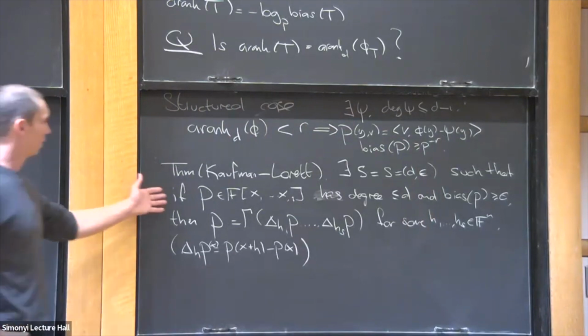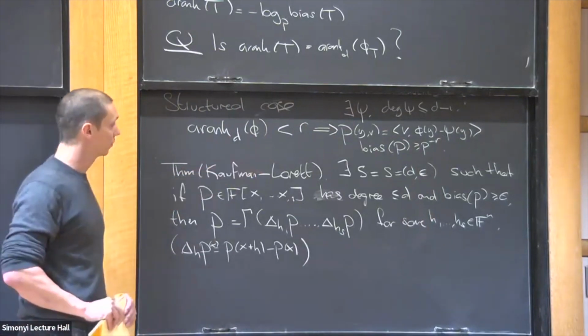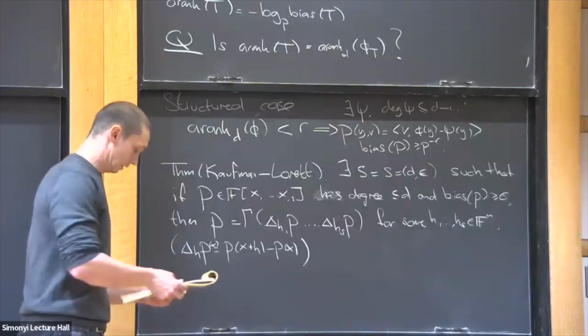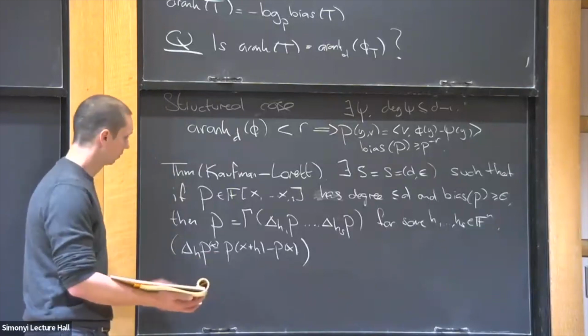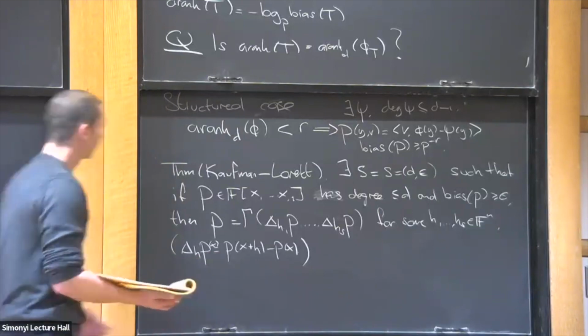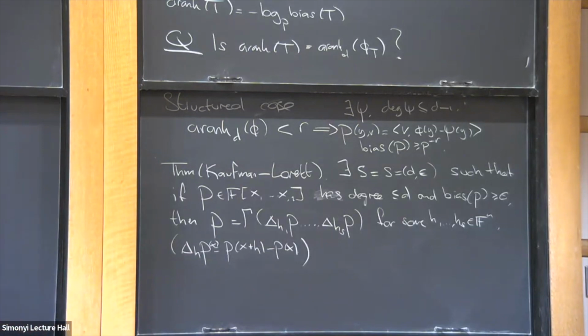Now we can apply the Kaufman-Lovett theorem to this polynomial to get a kind of reduction of the statement I have up here, but for lower degree polynomials.